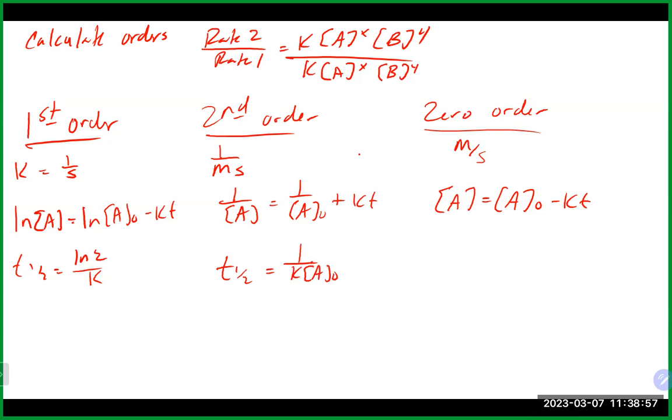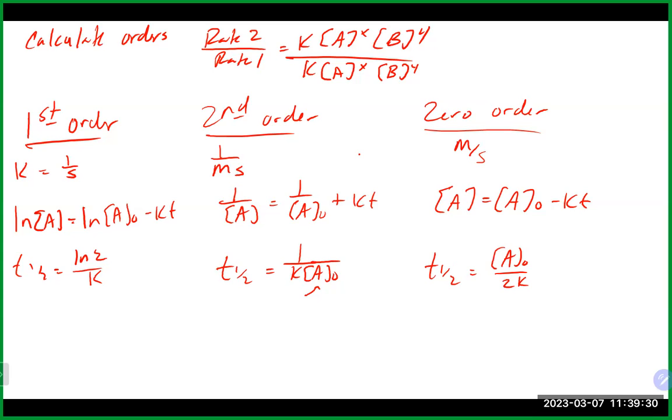So for second order, the initial concentration does play a role in the half-life. And so does it for zero order, which is the initial concentration divided by 2k. So both the second and zero order half-lives are dependent on the initial concentration. Depending on how large or small it is, you may have a greater effect on the half-life.